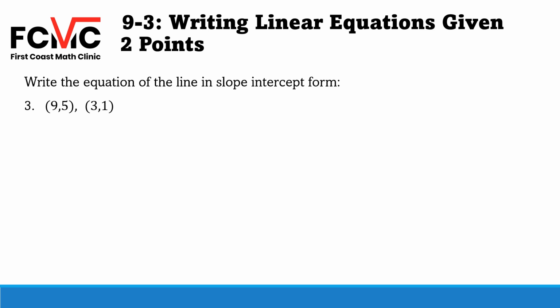So here we've got 9, 5, 3, 1. So again, let's list y, x, m, and b. So I'm going to start with, let's do 5 and 1, and then do 9 and 3. All right, so again, I'm starting with this ordered pair, 5 and 9.